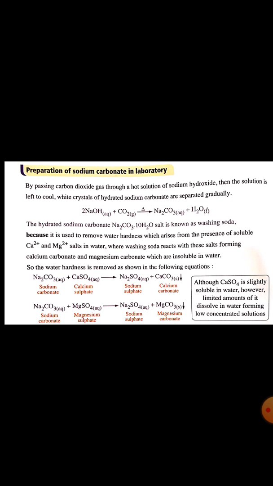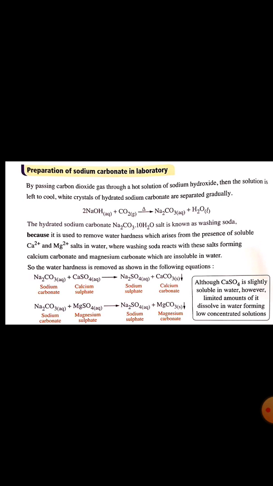Now, washing soda is used to remove water hardness. But how? Look. Water hardness arises due to the presence of some soluble salts, some soluble ions like calcium and magnesium.